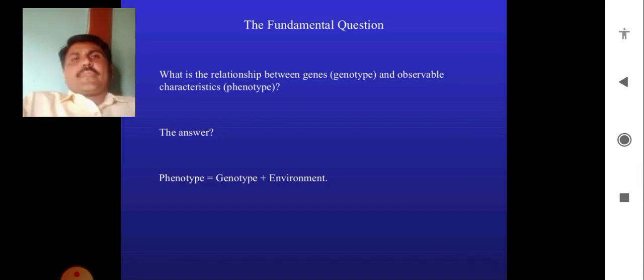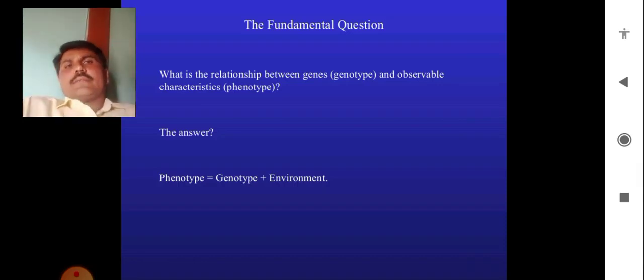In this cross, the result we find is that three are of one type and one is the other, in phenotype or in genotype. So what is the relationship between the genes and the characteristics?